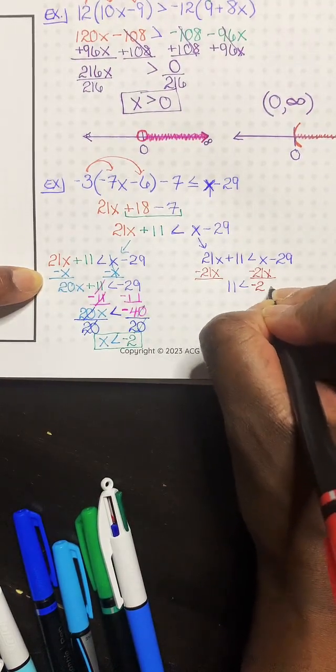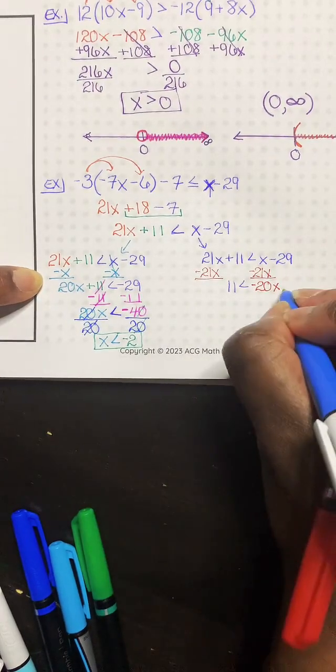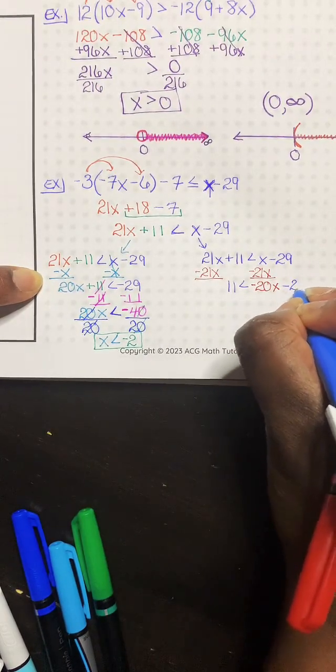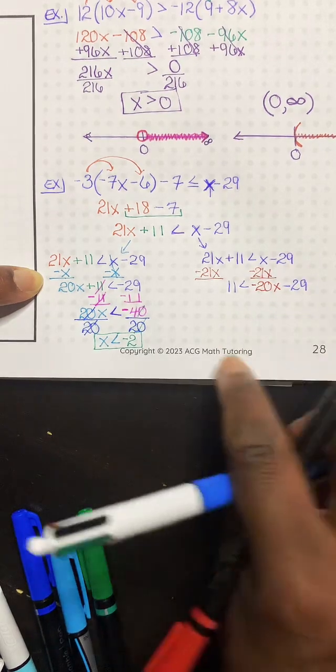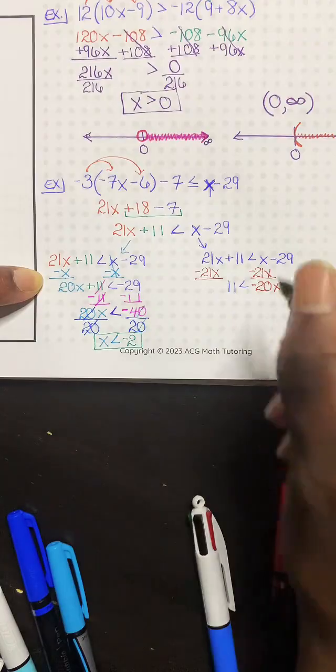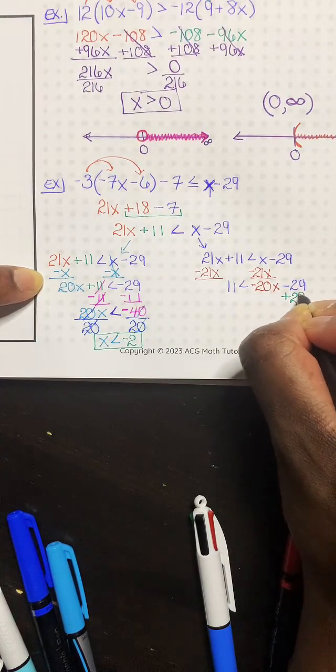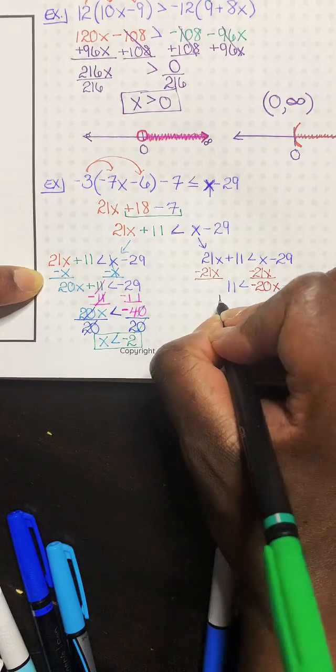All right, so we got negative 20x. Then we have our minus 29. If I brought the x to the right-hand side, that means I need to bring this 29 to the left-hand side.